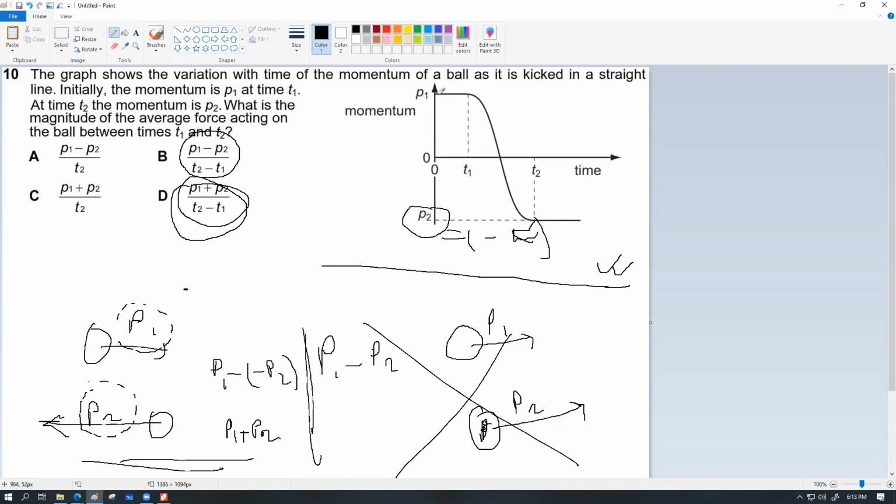Because you can see that initial momentum was a positive value and the final momentum is a negative value, which means after the kick, the direction of the momentum got changed. So if this entire scenario was shown in an actual figure like this, and the momentums were labeled as values on the object, then this one could have been the correct answer.